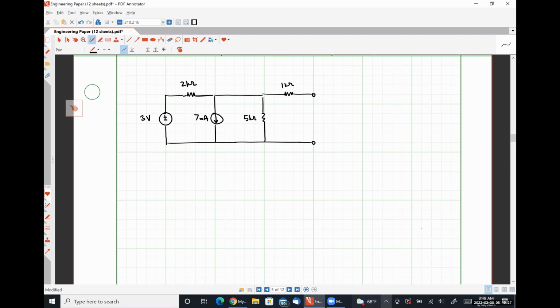So Kevin, how do I turn off my 3-volt source? Short circuit, all right. So short circuit for my 3-volt source. Here is my 2 kilo ohm resistor. Kevin, what do I do for my 7 milliamp? Exactly right, open circuit.